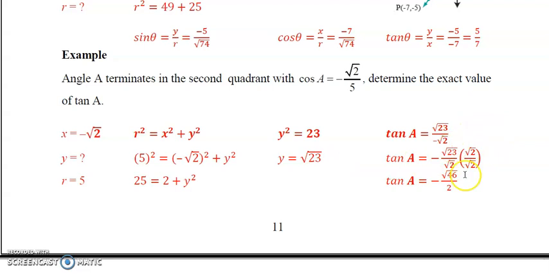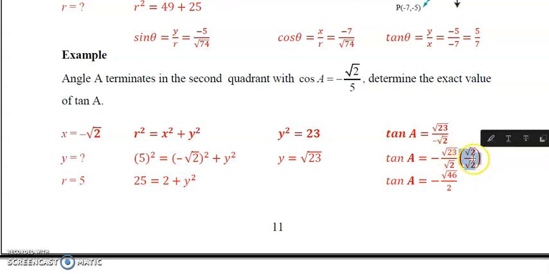And I've rationalized the denominator for tan to show you, because it asks for the exact value of tan A. So tan A is y over x, which is the square root of 23 over negative square root of 2. The negative goes out front, and here I've rationalized the denominator: I multiply the numerator and denominator by the square root of 2.